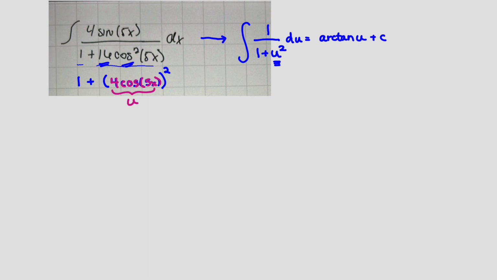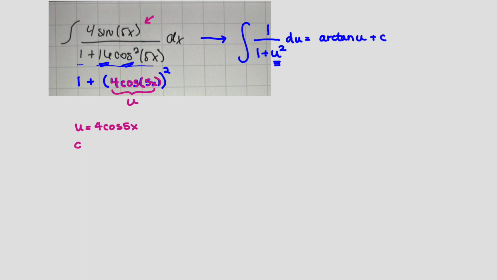Now, in order for a u-substitution to work, we also have to find the derivative of u. And so let's see. It looks like it's going to play out well, because if u is cosine, the derivative of u is sine, and that's also appearing in my integral. Alrighty, so I've got my pattern now down. I'm going to let u be equal to 4 times cosine of 5x.